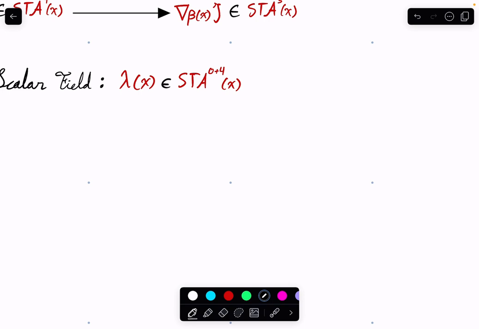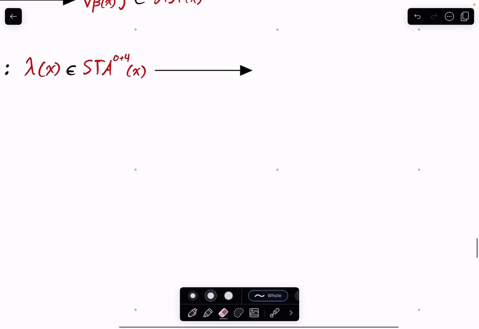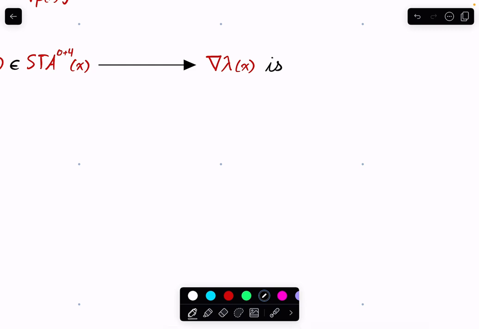Well, then its derivative or its gradient, the gradient of this complex scalar, is a complex vector. So it's a complex vector, meaning that the gradient of this is a vector and a trivector.